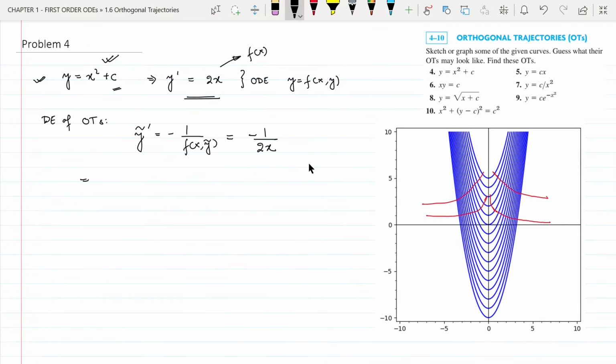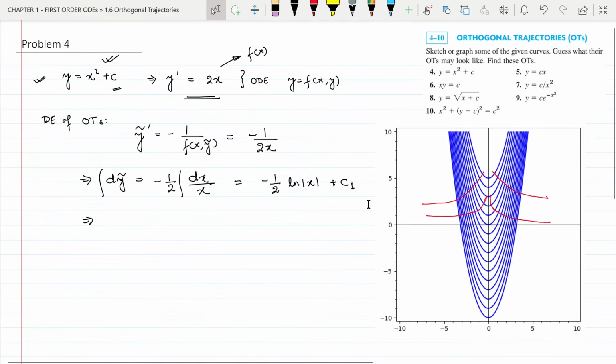Now we will solve it to get our corresponding orthogonal trajectories. The left hand side can be written as dy tilde, and on the right hand side we take dx over, so this is minus 1 by 2 dx by x. We see that we have separated the variables y tilde and x. We integrate both sides, and the right hand side can be written as minus half natural log absolute value of x plus a constant of integration, let us say c1.